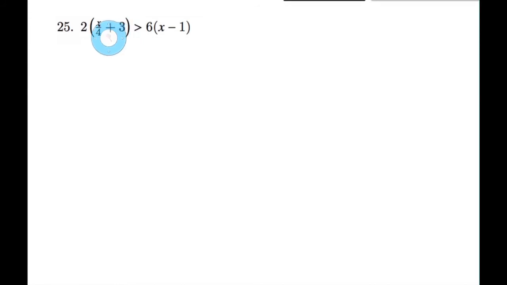So we have fractions, we have distributing. We can't really do anything with this fraction yet, so why don't we just distribute first to multiply inside the quantity, and also 6 on this side.